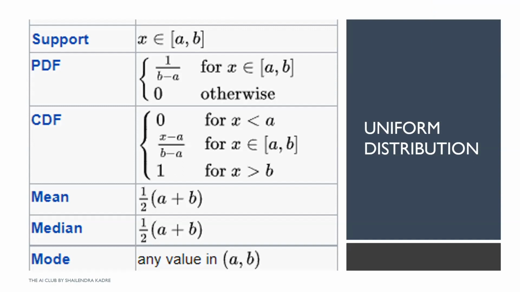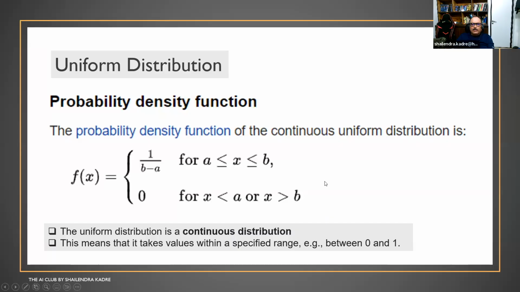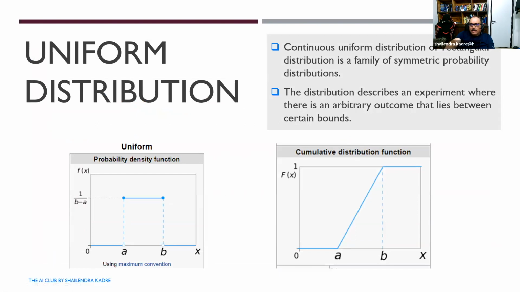When X is between A and B and you want to find out cumulative probability, cumulative probability is nothing but the area under this rectangle. So you know how to calculate CDF.